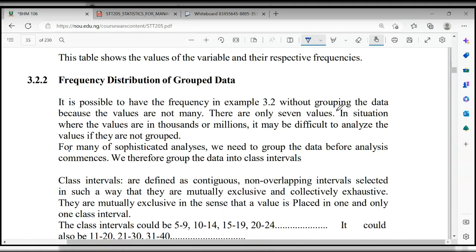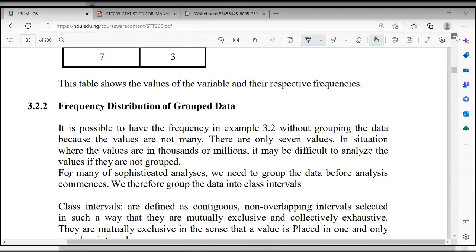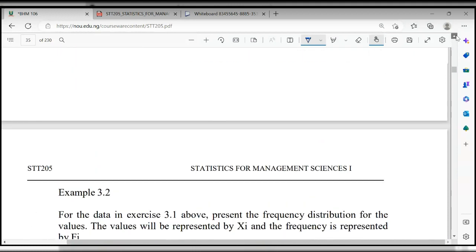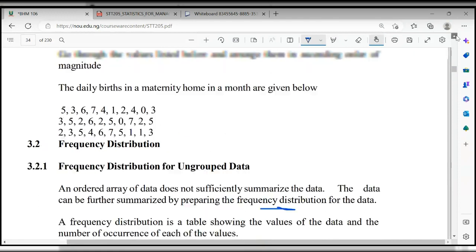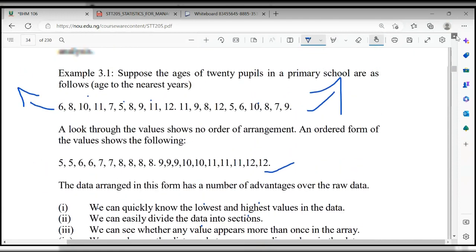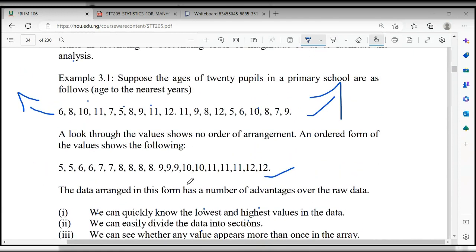So I'm going to show us, let me scroll up a bit. Something like this can be grouped to maybe 5 to 6, 7 to 8, 9 to 10, 11 to 12. In this case, this one is just ungrouped.